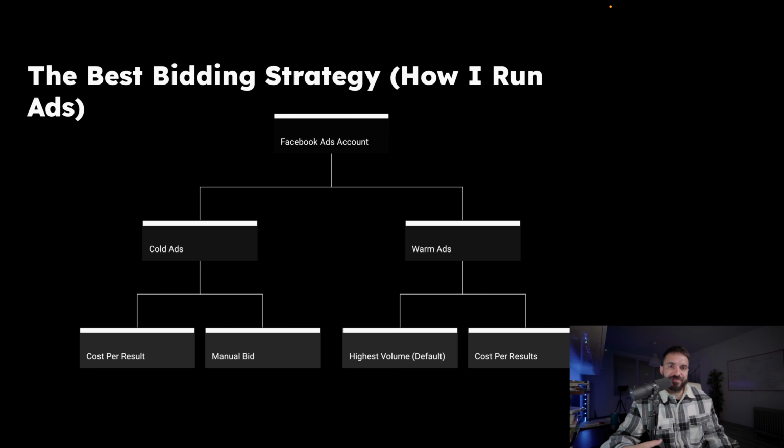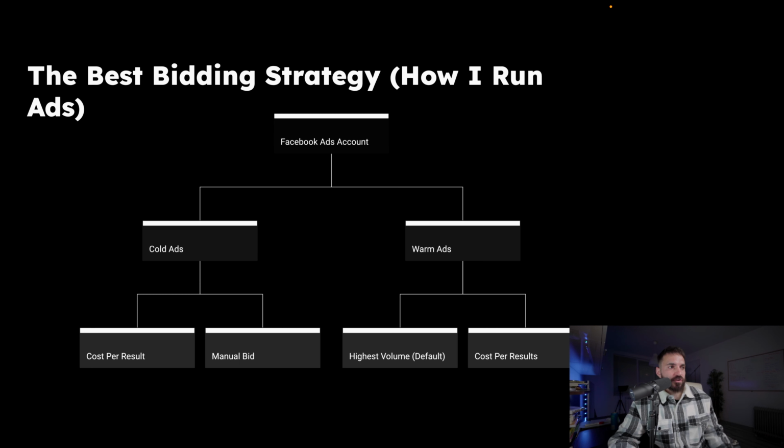Those are warm people visiting the site, engaging with social media, and the highest volume strategy works better for warm campaigns for me. Also, if I feel like sometimes the warm ads, the retargeting is overspending, I might set a cost per result bidding campaign.